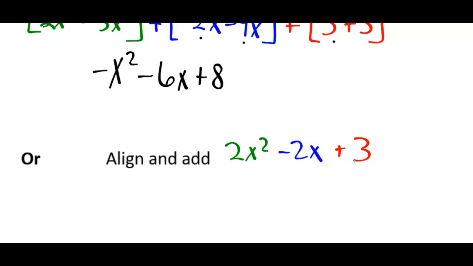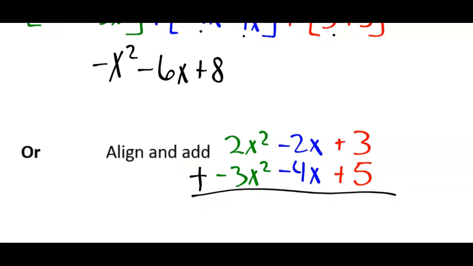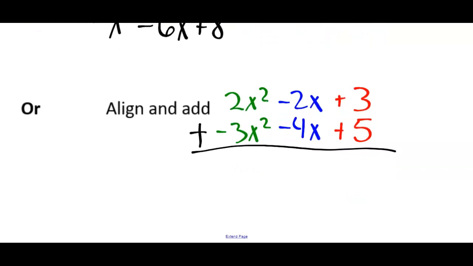Then my other term underneath that, I would have my positive 5, right? I would have my minus 4x underneath here. And what was my x squared term? Negative 3x squared. And I'm going to add those together because I always want to do addition. And the only way that I can do addition is if I distribute that -1 into all my terms.